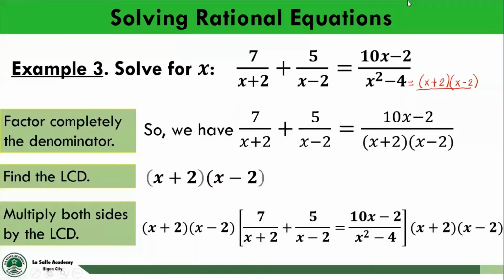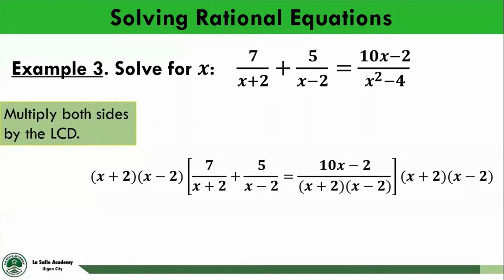Here, we don't cancel it right away, just like what we did in our previous examples, because there is an operation between these expressions. So we need to use the distributive property to break down the expressions. Based on this equation, we can break this down by applying the distributive property, and we can now have this new equation.